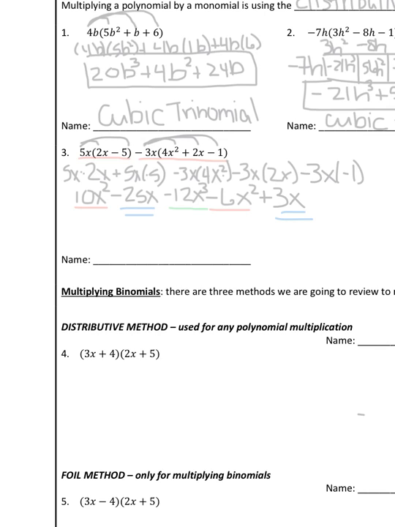If you're being asked to put something in standard form, start with your biggest exponent first. So we're going to start with negative 12x to the power of 3, because there's only one of those. And then we're going to take the 10x squared minus 6x squared, which is plus 4x squared. Minus 25x plus 3x is minus 22x. So there's my answer.